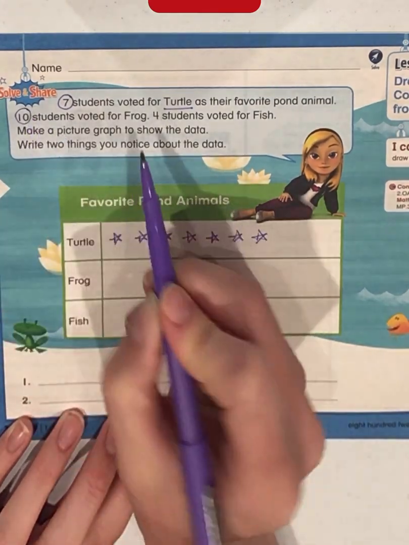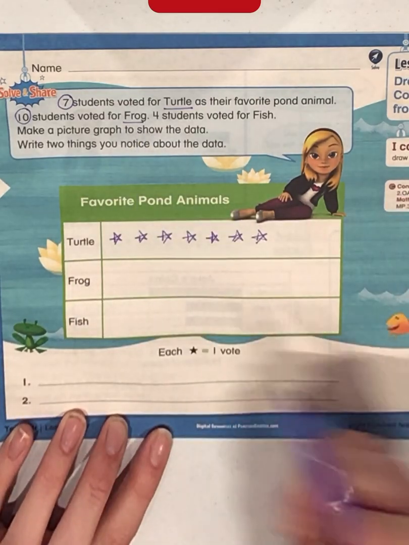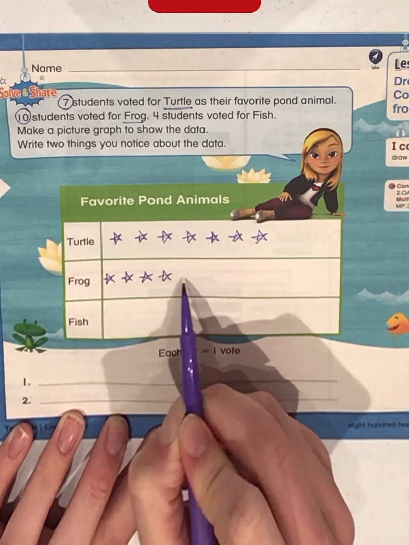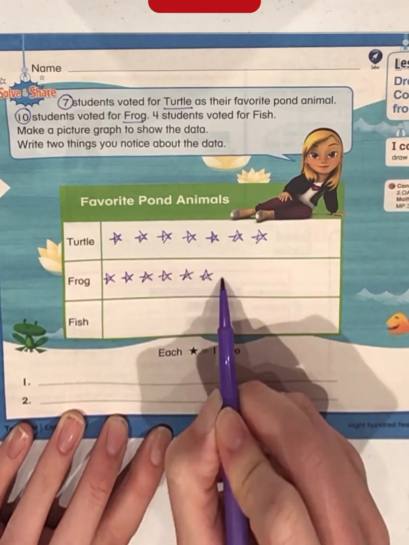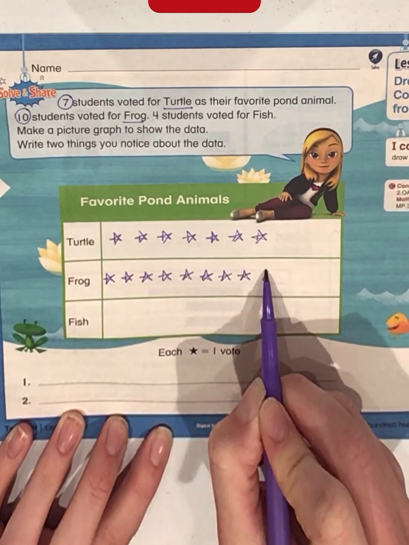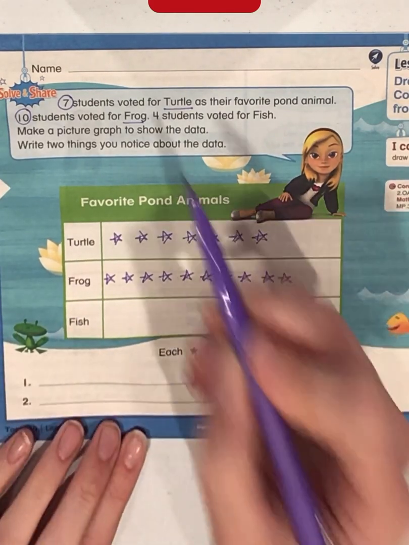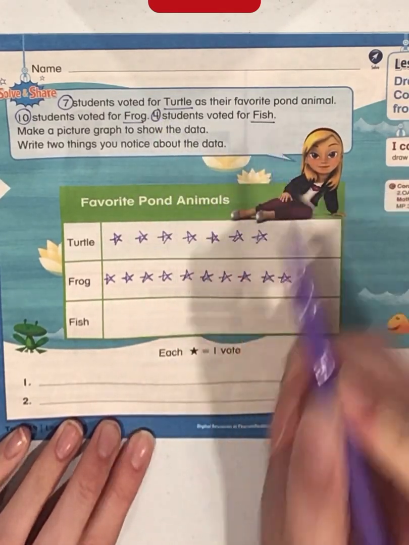And it looks like 10 students voted for frog. So we need to put 10 stars next to frog. And last is the fish, and 4 students voted for fish.